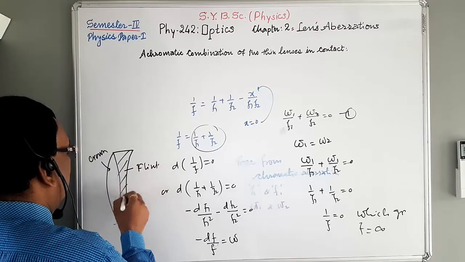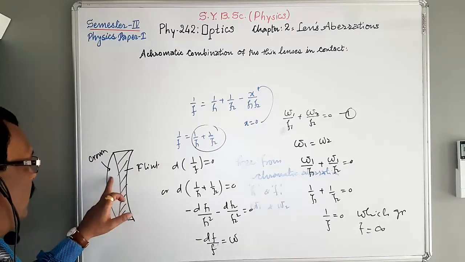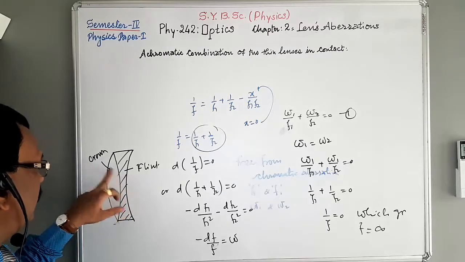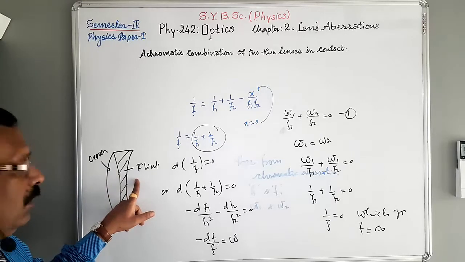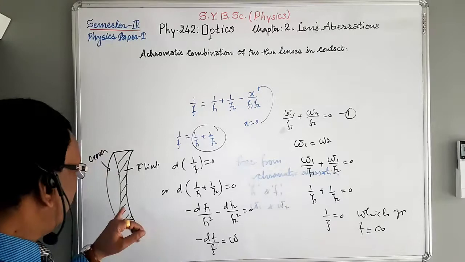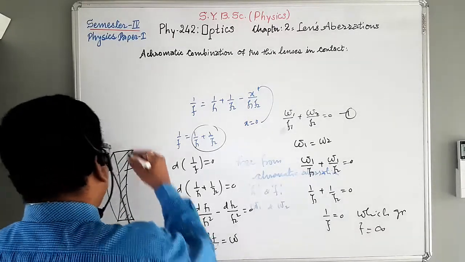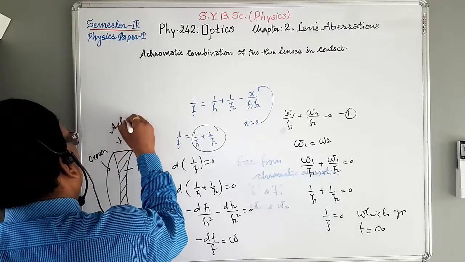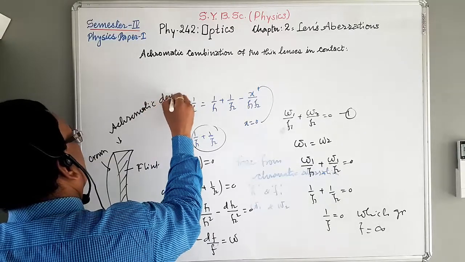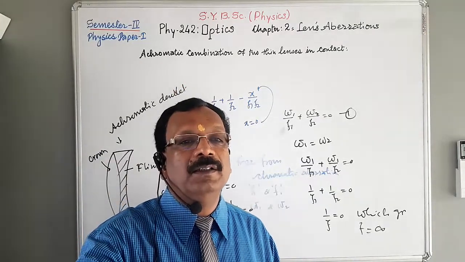So, by taking a suitable combination of two lenses, one of them converging, the convex lens of crown, and another a concave, diverging lens of flint, and when we prepare such a combination, then we have an achromatic doublet. This is called an achromatic doublet.